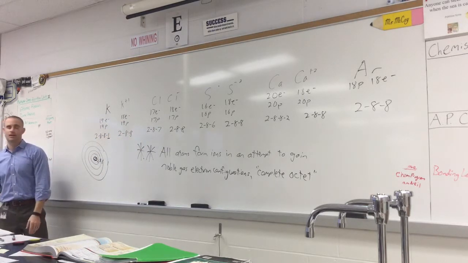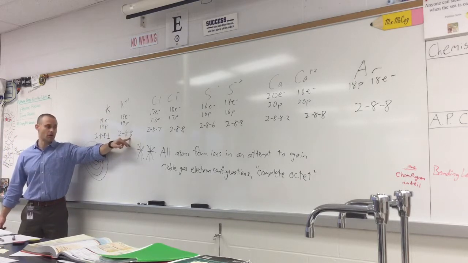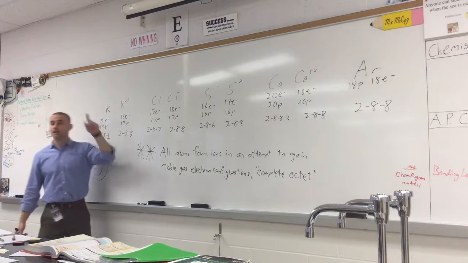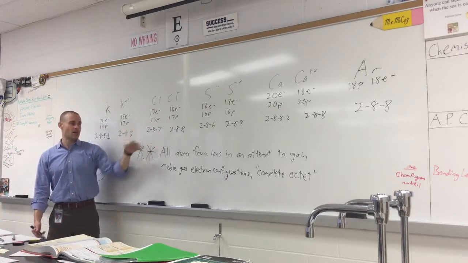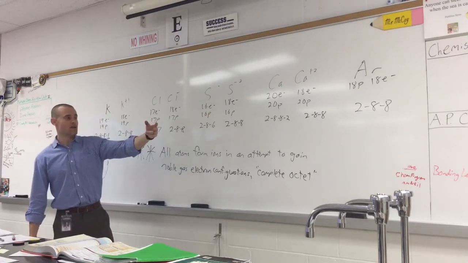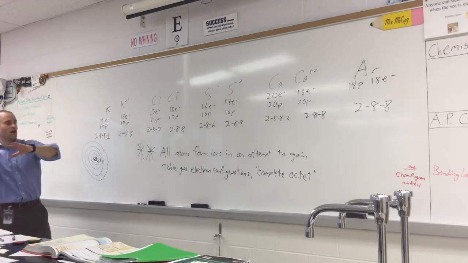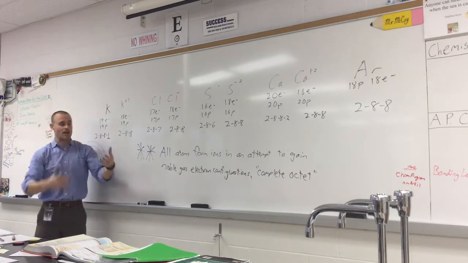These 4 examples here, the way potassium gets 8 as the last number is by losing 1. But Cl isn't going to lose 1 and get 8. It's going to gain 1 and get 8. Sulfur is going to gain 2. Calcium is going to lose 2. So it depends on where they are. It depends on their charge, and does it benefit them to lose or gain electrons.